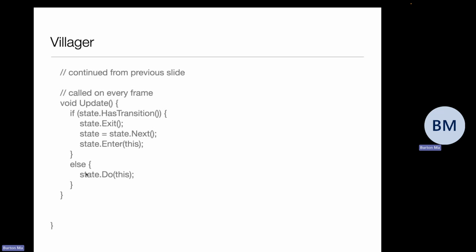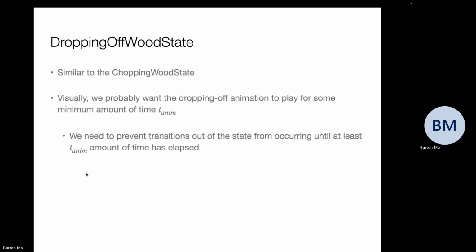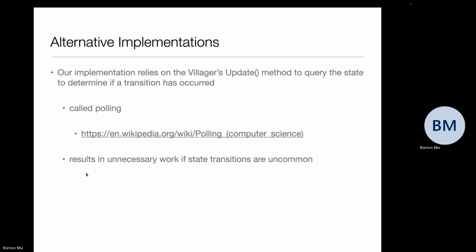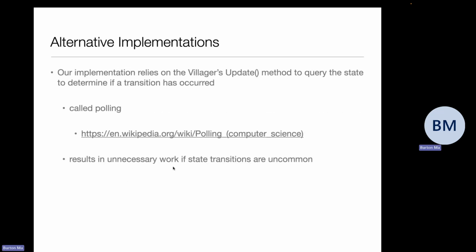If the answer is no, we're going to go ahead and call the do method on the state object. And so this is a bit of a problem. It results in a lot of unnecessary work, especially if you know that state transitions are uncommon.